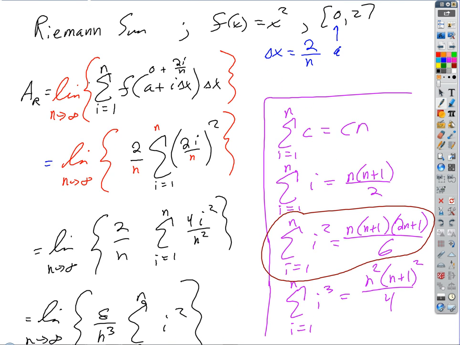So if we're good with all that, then that got us to the point where we could find the area under the curve x squared from 0 to 2, exactly, by letting the number of rectangles go to infinity.